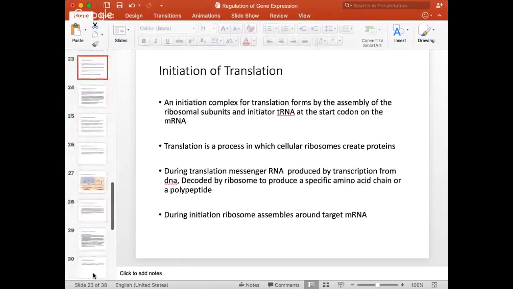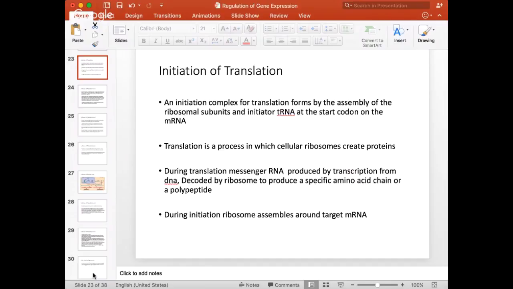Initial translation. Translation is a process in which cellular ribosomes create proteins. During initiation, the ribosome assembles around a target mRNA. Translation of mRNA molecules by ribosomes occurs in three stages: initiation, elongation, and termination.